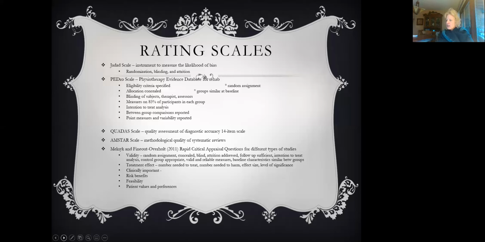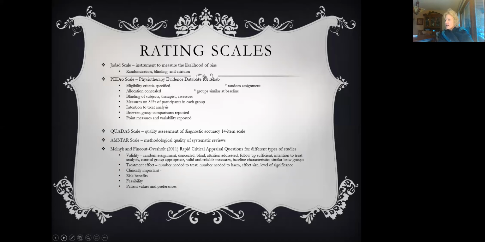There's the AmStar scale with its methodological quality of systematic reviews. And I have, I think, an example of that from one of the studies that we published in your course. We used the AmStar criteria.